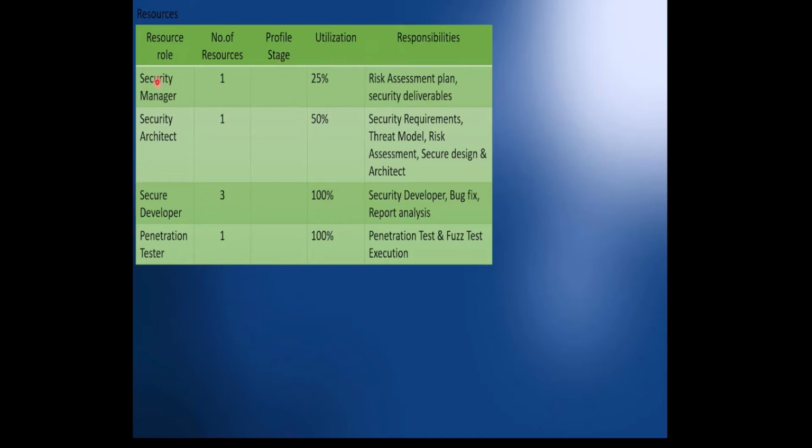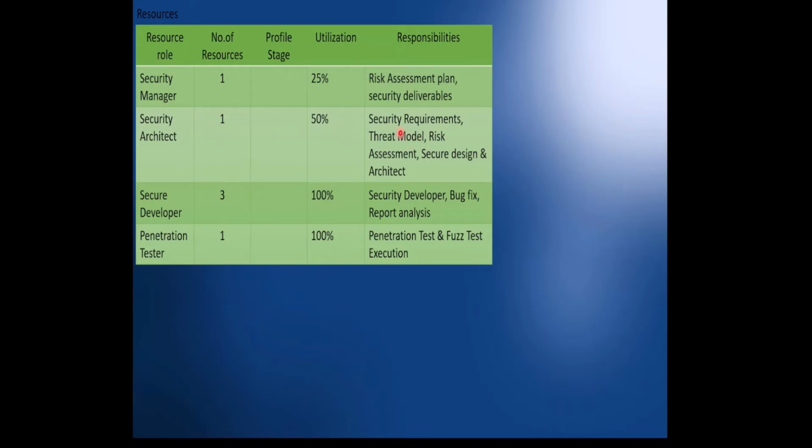The first resource, security manager. Here one; profile stage, if required we can mention here. Utilization, how much he will work for the application: 25% is sufficient to execute the risk management plan and security deliverables. Security architect, number of resources 1, utilization 50%.